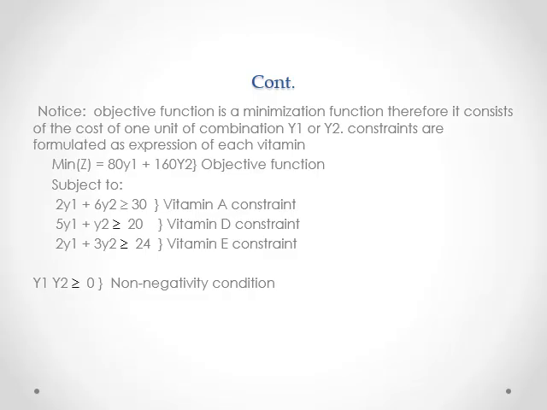The last constraint expresses vitamin E, where in this combination 1 unit of y1 equals 2 units and for y2 equals 3. The total available quantity of vitamin E for the nutritionist is 24 units.